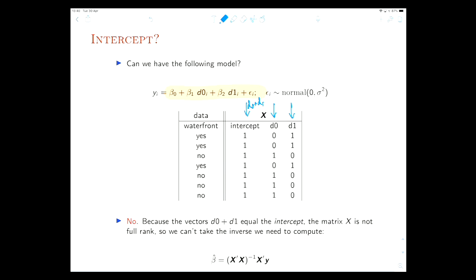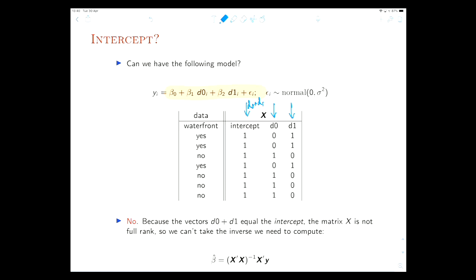We know that D0 and D1 will either be 1 or 0. They can never both be 1 simultaneously, and they can never both be 0 simultaneously. If one of them is 1, the other has to be 0. So if you take the sum of those two, you always get the value that you have in the intercept, which essentially means that this matrix X is no longer a full rank matrix.